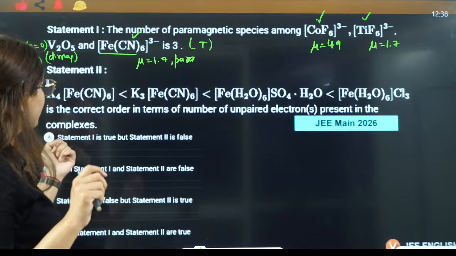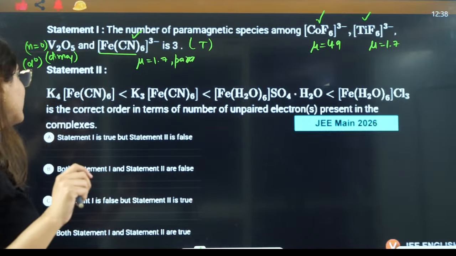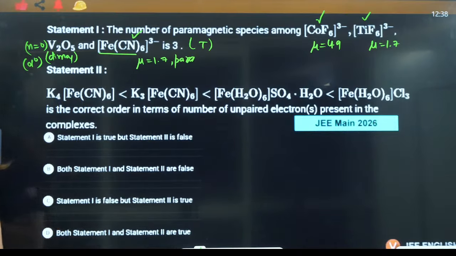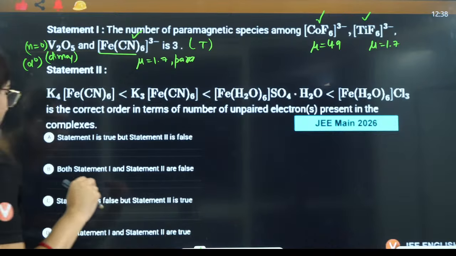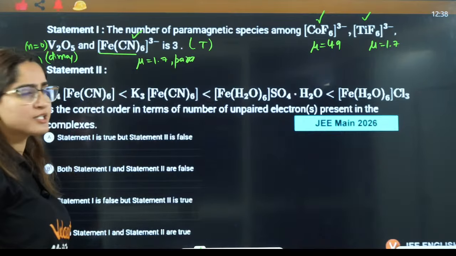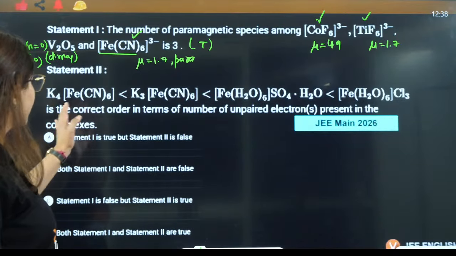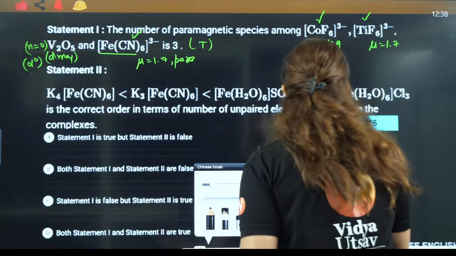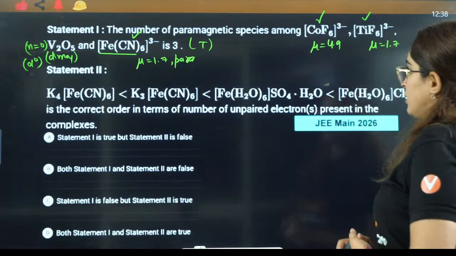What about this one? They are saying the correct order in terms of number of unpaired electrons. Now this is based on the strength of the ligands, ligand strength.